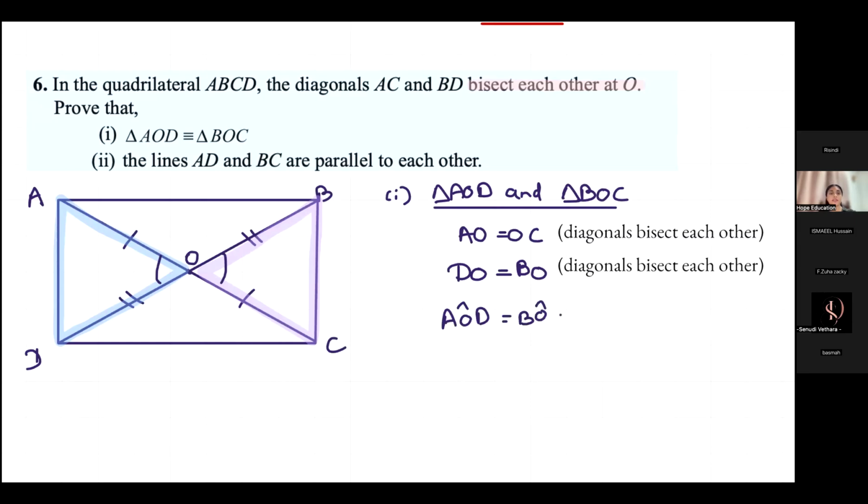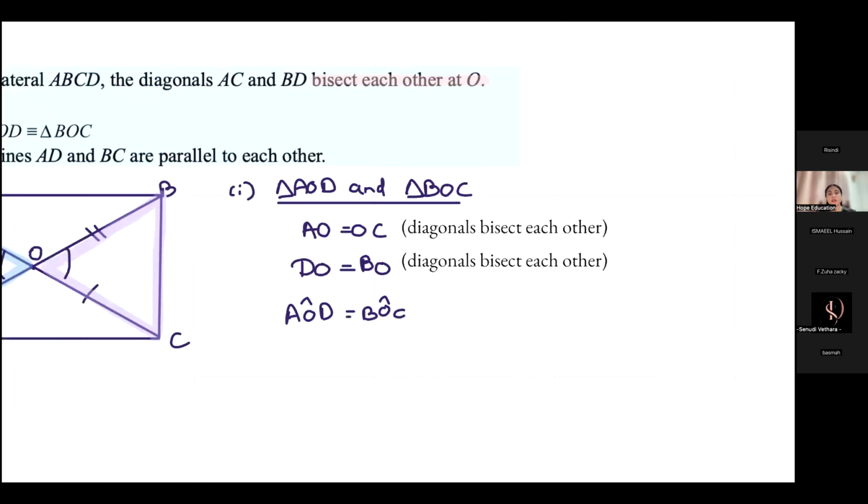For that, we write the reason vertically opposite angles. And therefore, we can say the two triangles are congruent. What is the case?